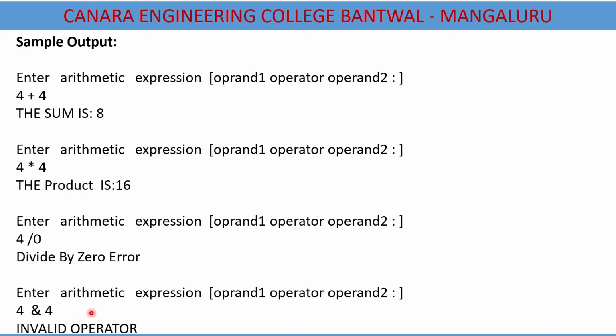As it is not finding the AND symbol anywhere, it straight away goes to the default case and prints the message as invalid operator, and it will break the switch and go to the end of the program. So this way the program works with the switch statement.